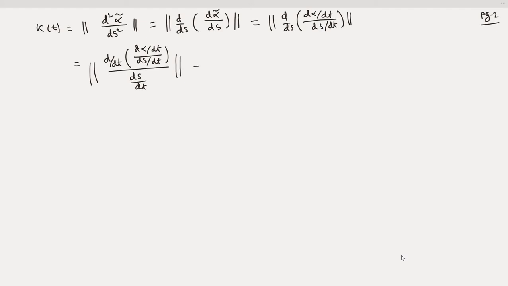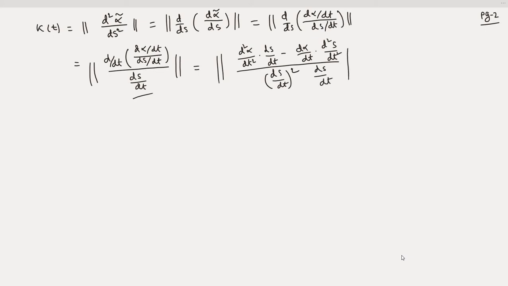Now we compute the derivative in the numerator. The derivative of the numerator is: d2 alpha/dt2 times ds/dt minus d alpha/dt times d2s/dt2, over (ds/dt) squared, so we have this term ds/dt, and the norm of this.